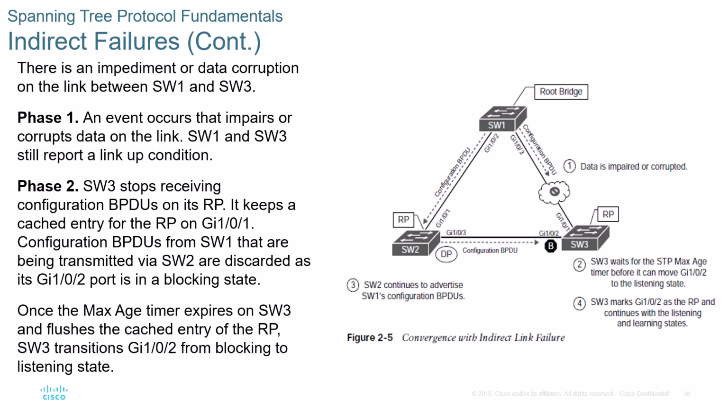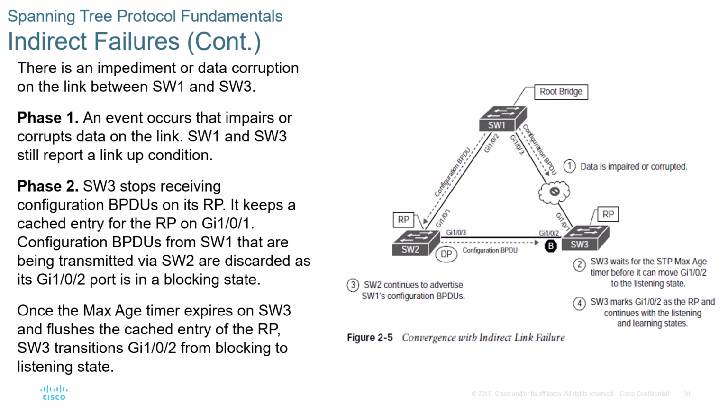An event occurs, and switch 3 will stop receiving the configuration BPDUs on its root port. It will keep a cached entry on Gig 0/1. The configuration BPDUs from switch 1 that are being transmitted via switch 2 will be discarded as they arrive on the Gig 0/2 port, and that's a blocking port.